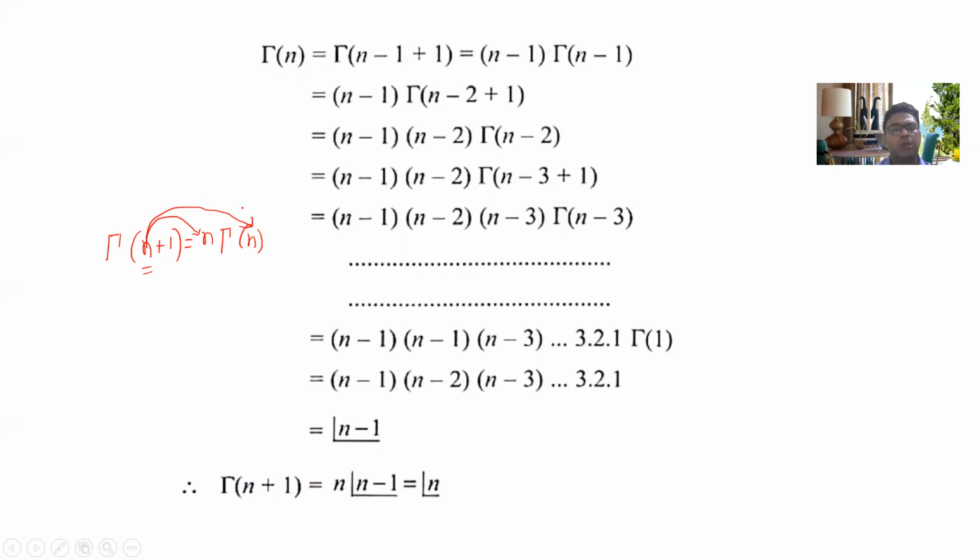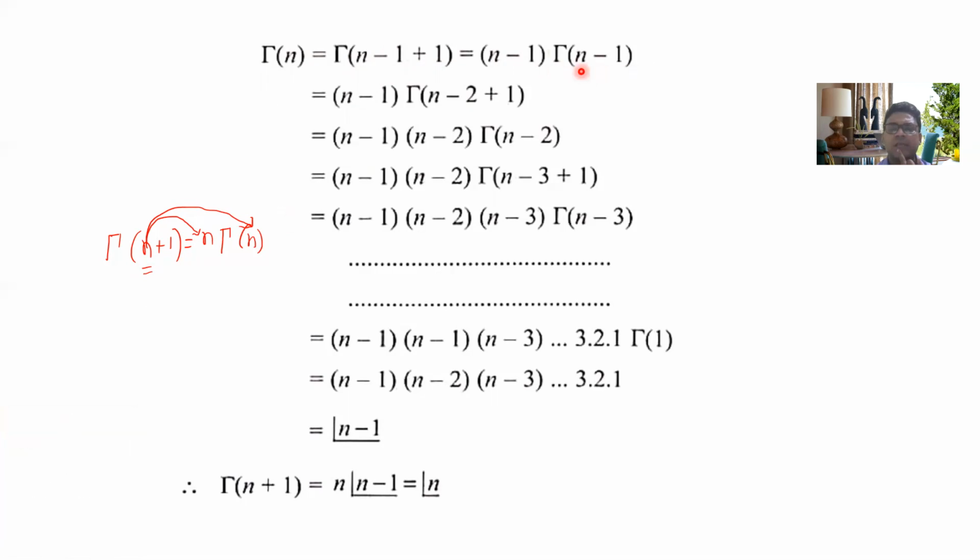We want to apply the same technique to establish another property. So gamma n, you may write as gamma n minus 1 plus 1. What is the something? It is n minus 1. Using this property, that is n gamma n, similarly n minus 1 gamma n minus 1.